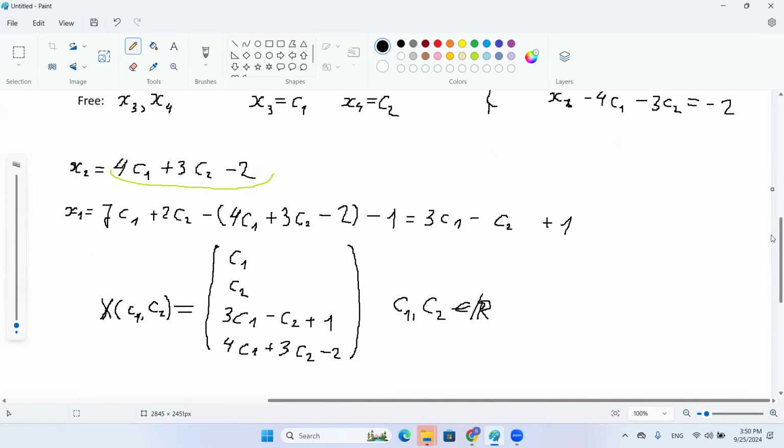And now, what do you remember about the fundamental solution system? What does it mean? Does anyone remember such a term? Okay, question to Volodymyr. Do you remember what it means?